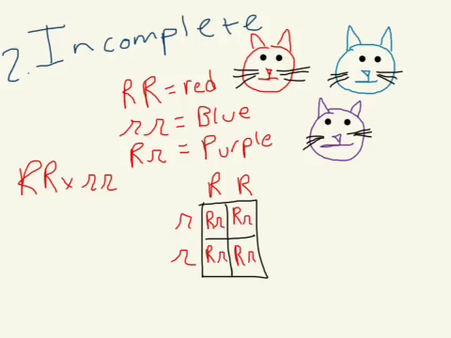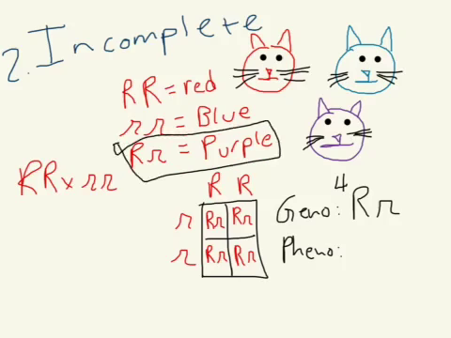So in this example, if we look at our genotypic and phenotypic ratios, we have all four genotypes being big R, little r. So therefore, our offspring, if we look back up here, would end up being 4 purple cats.